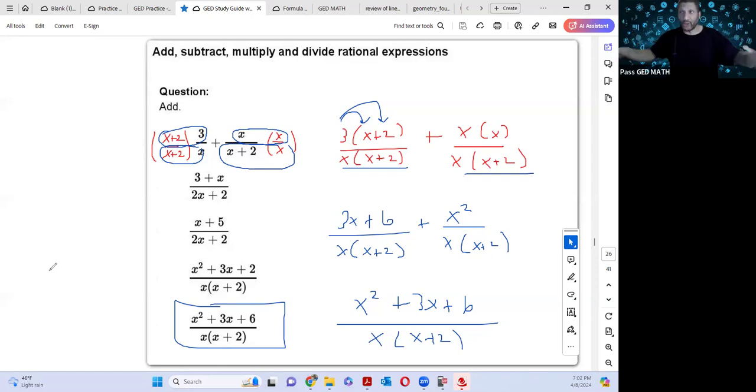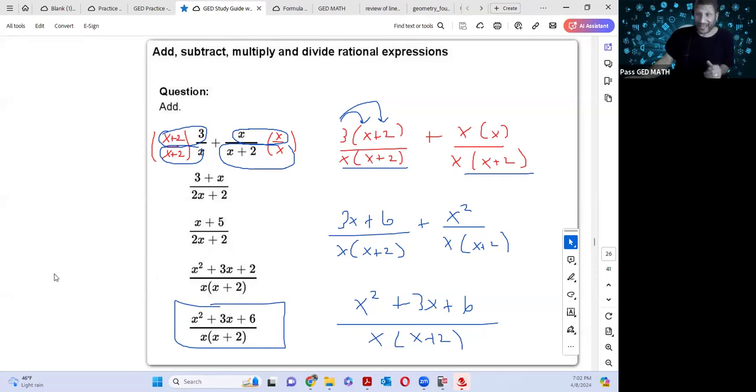So what you have to do is find a common denominator. The easiest way is to multiply the first term by the denominator of the second term, then multiply the second term by the denominator of the first term, both top and bottom. And then you simplify.